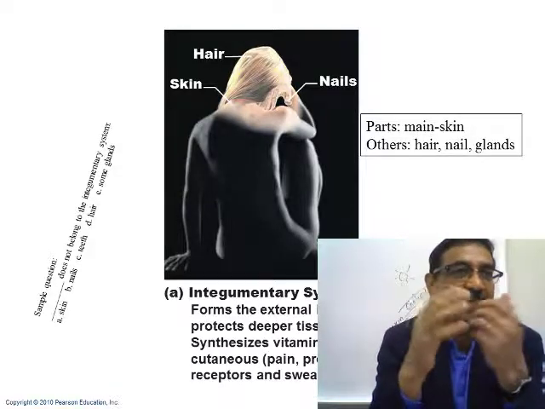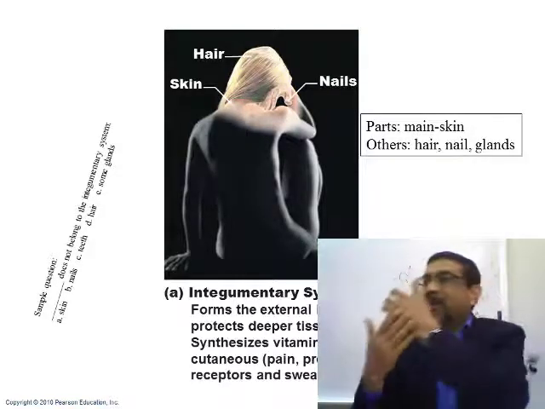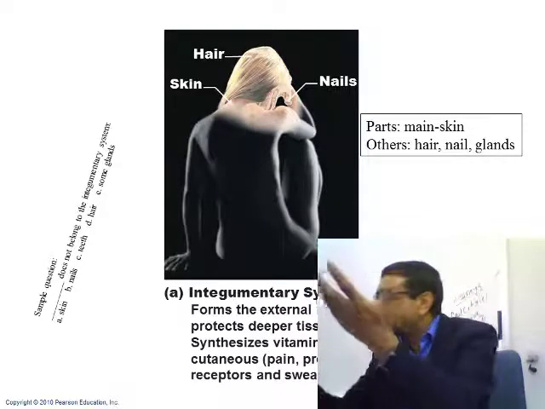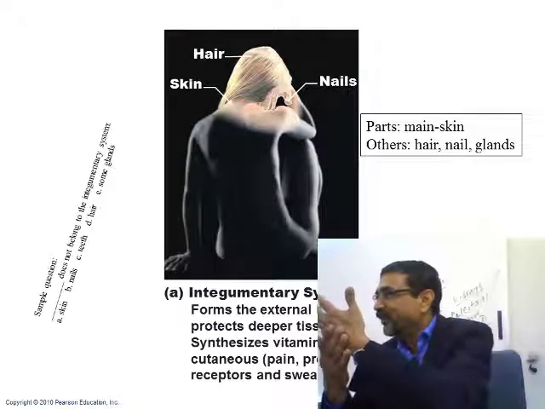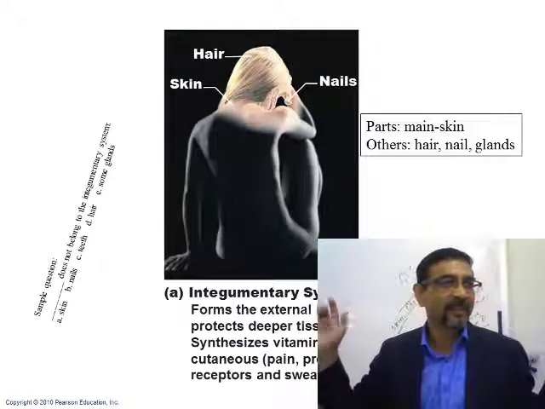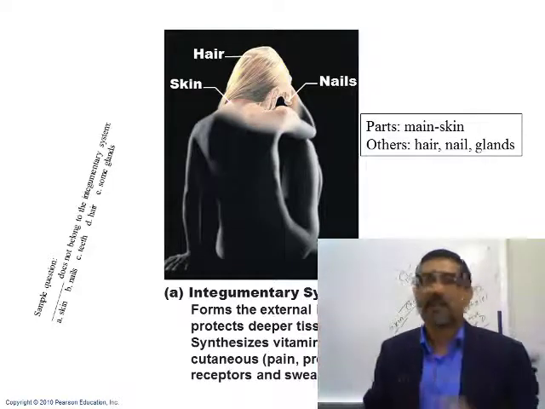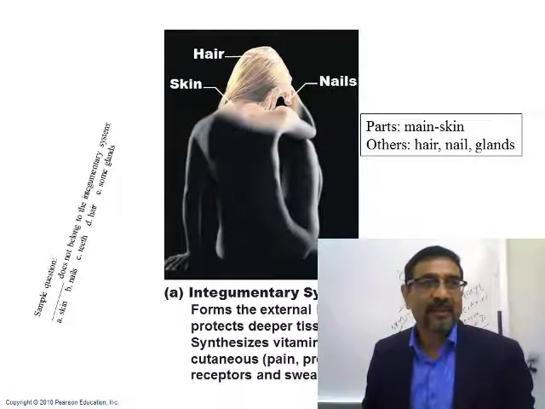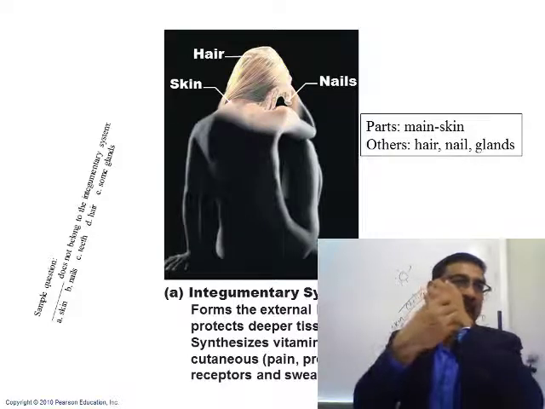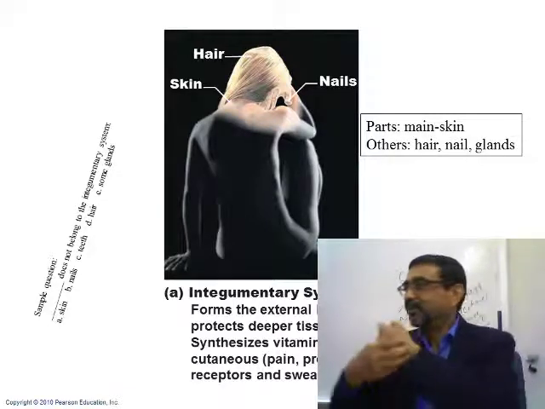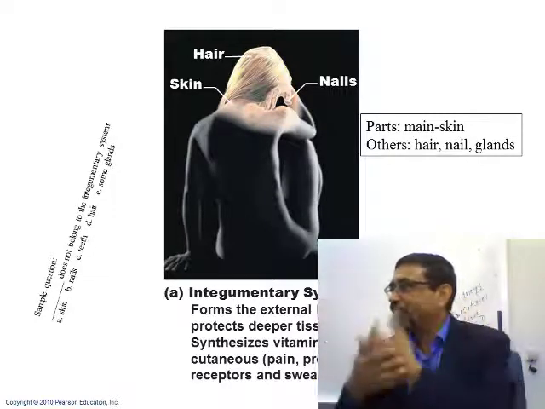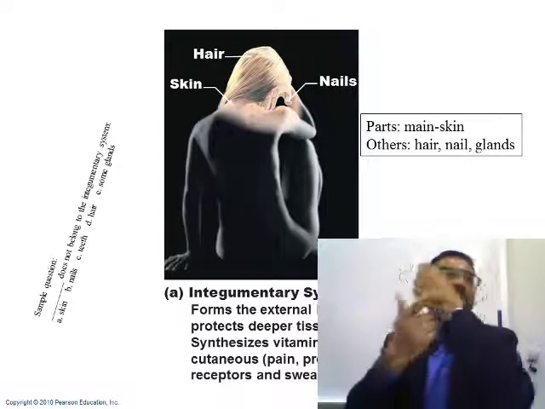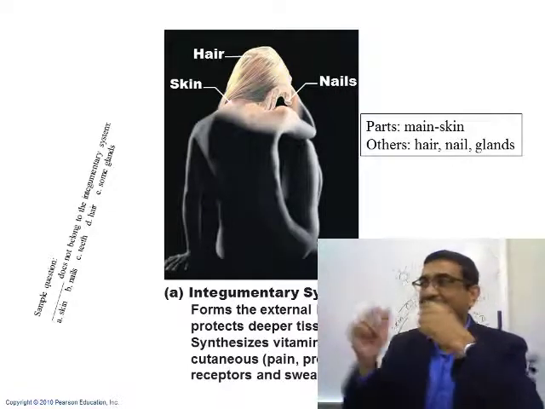You all know that the skin has sensation, right? What kind of sensations your skin has, you all know. Touch, right? If somebody touches, you can tell you got a touch without looking, right? Pain. If something bites it, or you got a scratch, you feel pain, right? Why? Because you have pain receptors there.